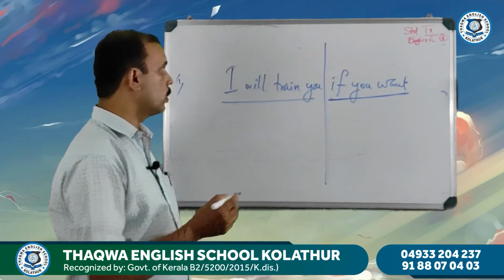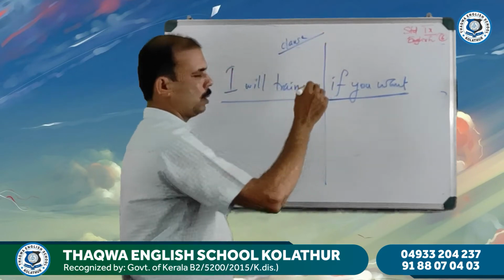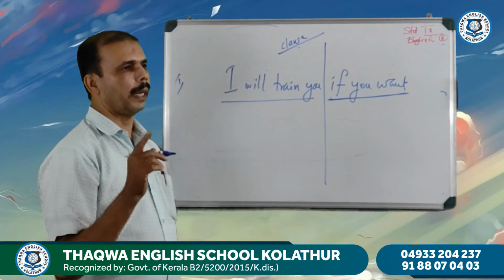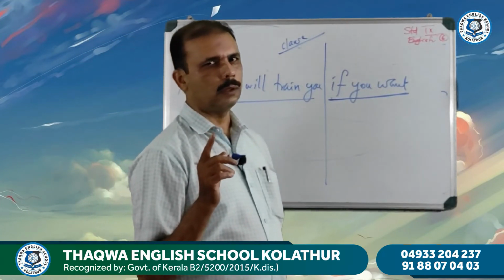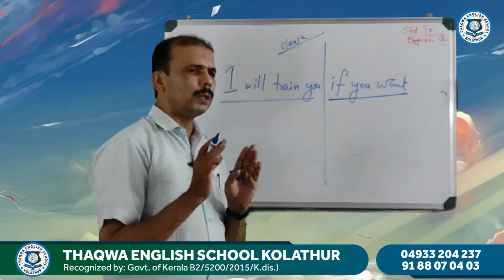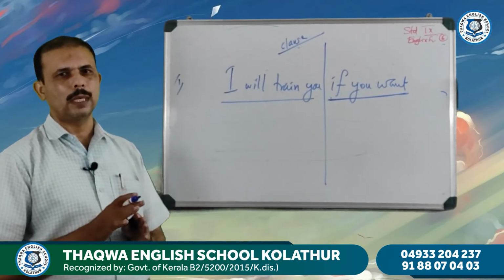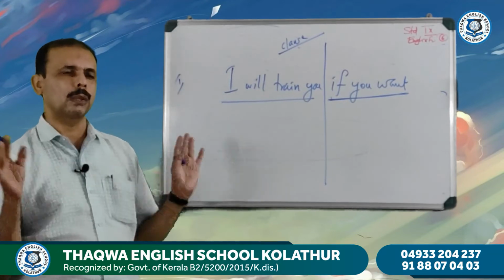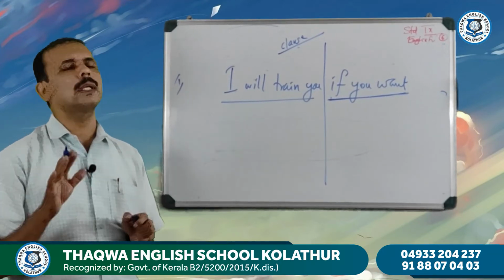So what is a clause? You know clause. I have told you what is clause. I told you subject and predicate. Do you remember that? So a sentence or a part of a sentence which consists of one subject and predicate, it is a clause. ഒരു സബ്ജക്റ്റും ഒരു പ്രെഡിക്കേറ്റും തികഞ്ഞാൽ അതൊരു ക്ലോസ് ആയി.